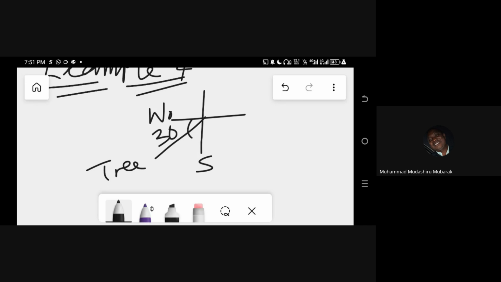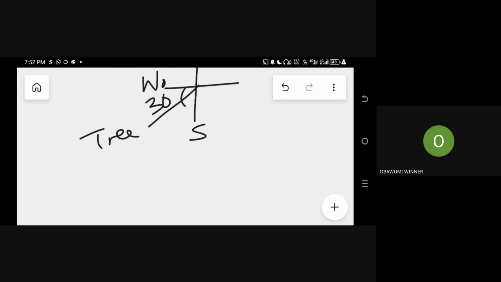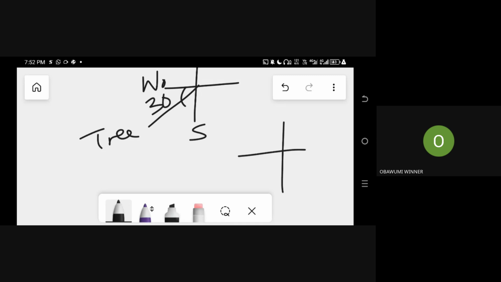Remember that each of those quadrants is 90, 90, 90, 90. 90 minus 30. Okay, so when we do 90 minus 30, we'll do that here. Then we should have this is 30 and then this is 60.